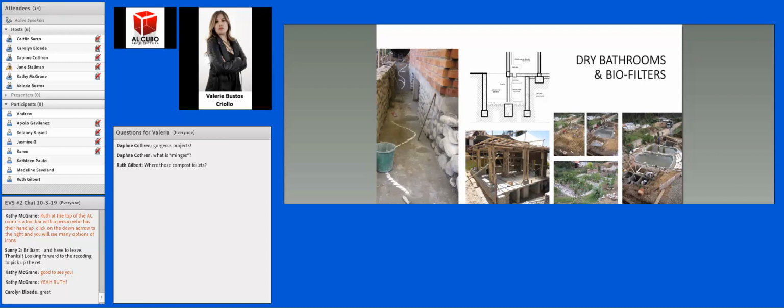In this slide, you can see the dry bathrooms and biofilters. Dry bathrooms is a system to replace the clean water that we use for the bathrooms with dry material to process the organic residues and transform them into compost.